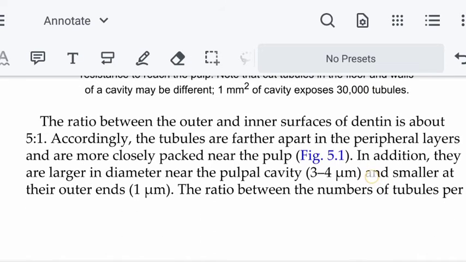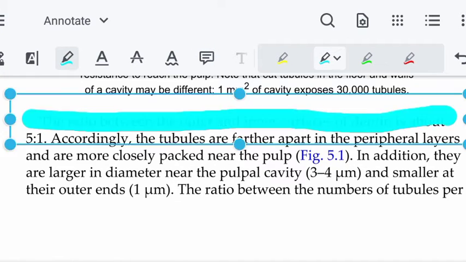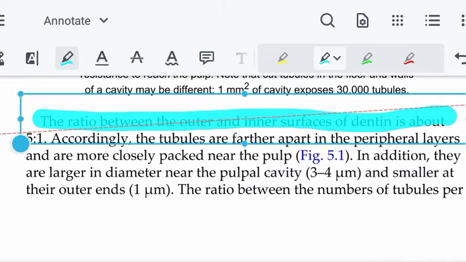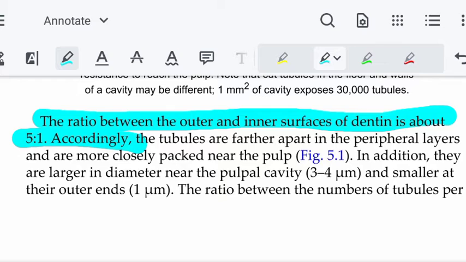Now, this is an important line, all of you note it down. The ratio between the outer and inner surface of dentin is about 5:1. In different books it is given differently. Some books say it is 4:1.